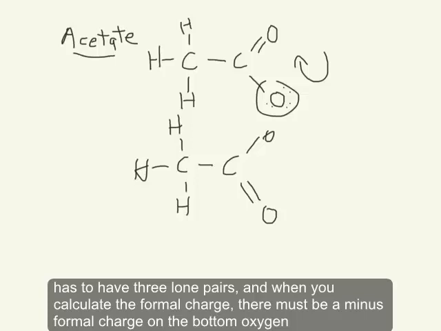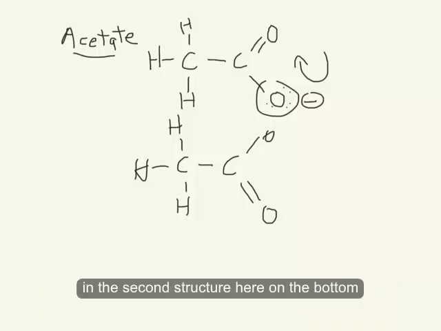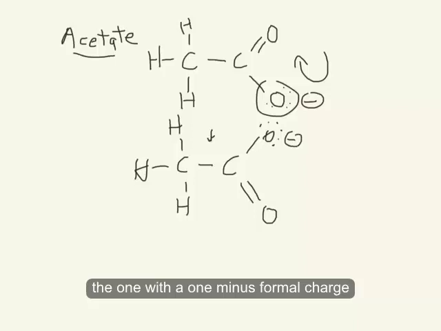And when you calculate the formal charge, it must be a minus formal charge on the bottom oxygen. And in the second structure here on the bottom, the oxygen with a single bond is again the one with a minus formal charge.